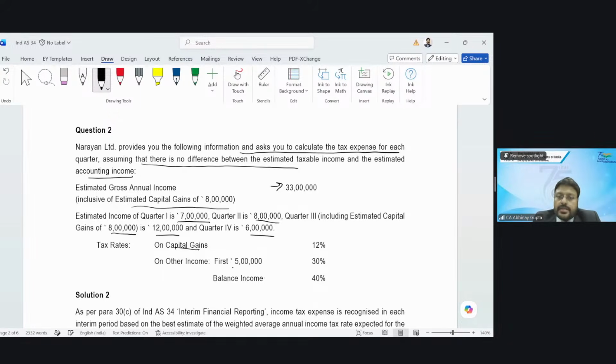On the capital gains, the tax rate is 12%. On the other income, the first 5 lakhs at 30%, balance income at 40%. Now, how would you give effect to the tax amount in each of the quarters? You need to calculate the tax amount which you will be recording in each of quarter one, quarter two, quarter three, quarter four. Would you like to quickly try this?